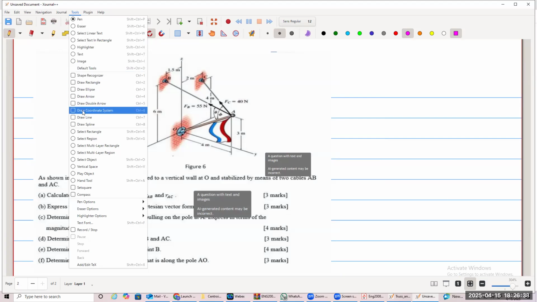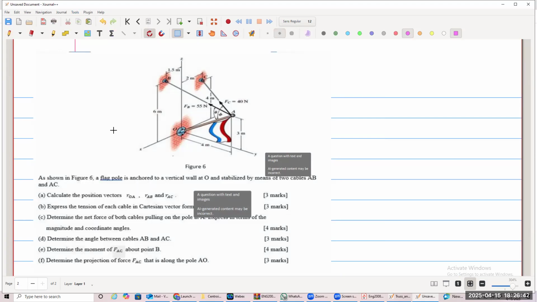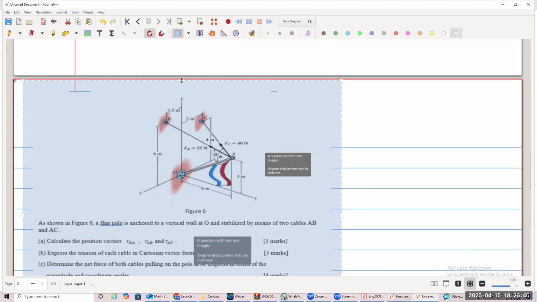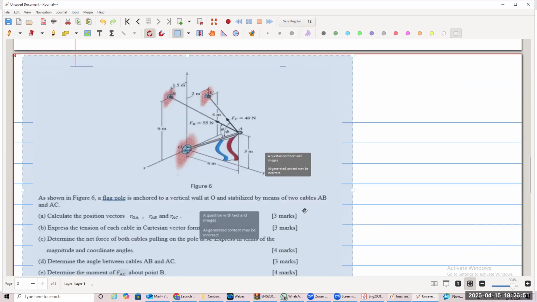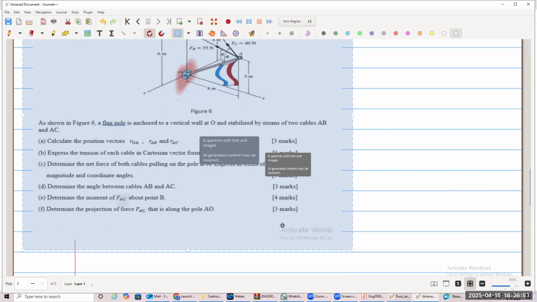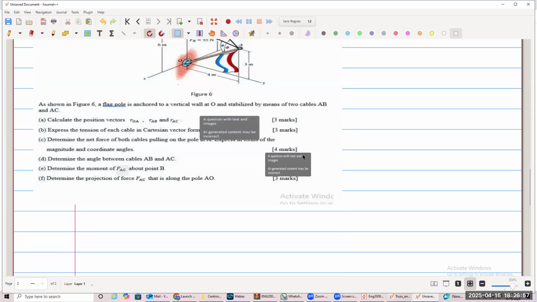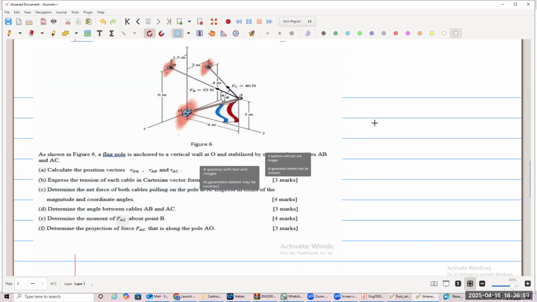I know I gave it to you to do, right? Okay, so this is the question. Trying to make sure that we can see the page there. All right. So you're asked to do a number of things here.